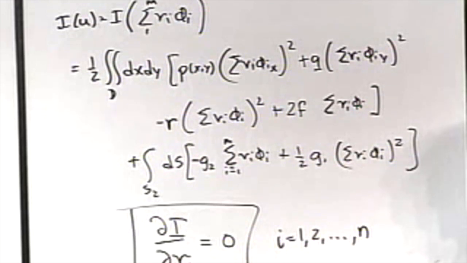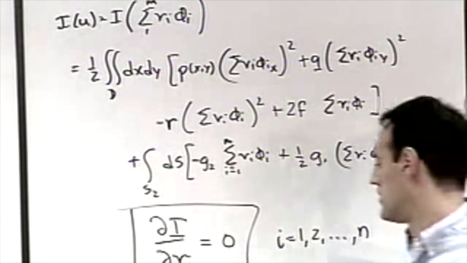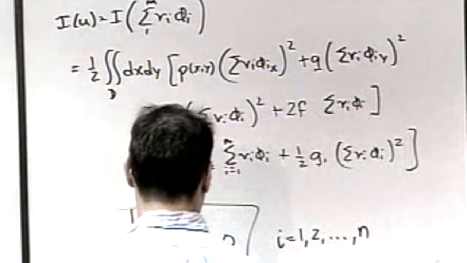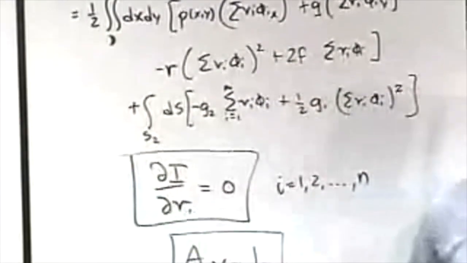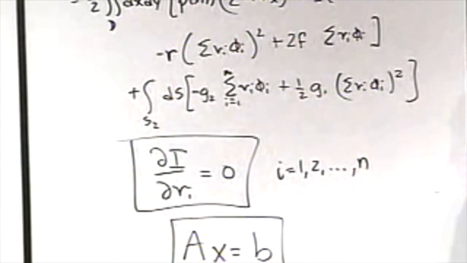Now, here's the claim. When you do this, all you get out of this process is AX equal to B. Okay?